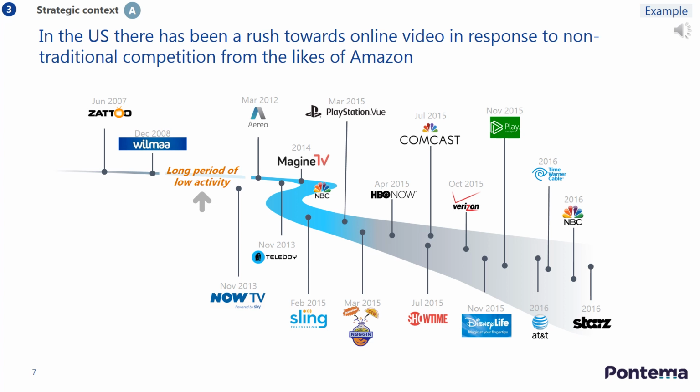In the fast-changing world of US video and TV content, there has been a rush towards online video and streaming. This has been in response to the success of non-traditional players such as Netflix and Amazon Video, but also because of the technological changes that have made it possible to stream high-quality content over the Internet, such as high-speed Internet access and mobile devices with high-definition screens and prolonged battery life.